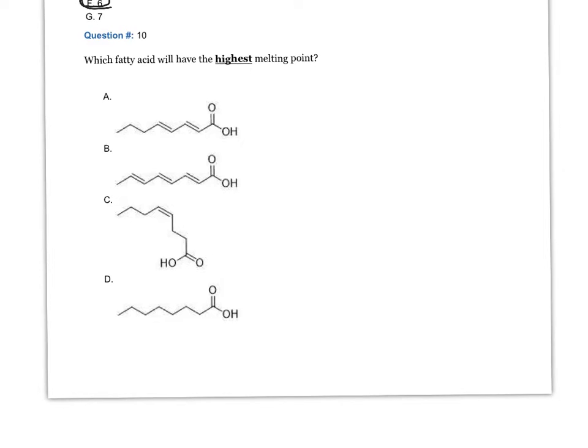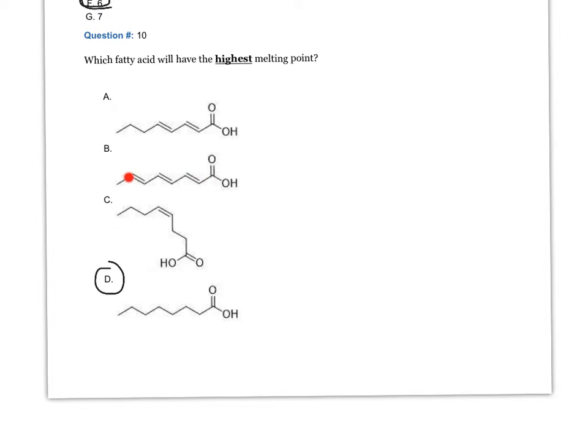Question number 10. Which fatty acid will have the highest melting point? The answer is D. Well, it's saturated. The alkyl chain, the carbon chain, there are no double bonds. You've got one, this is monounsaturated. These two are polyunsaturated, multiple double bonds.